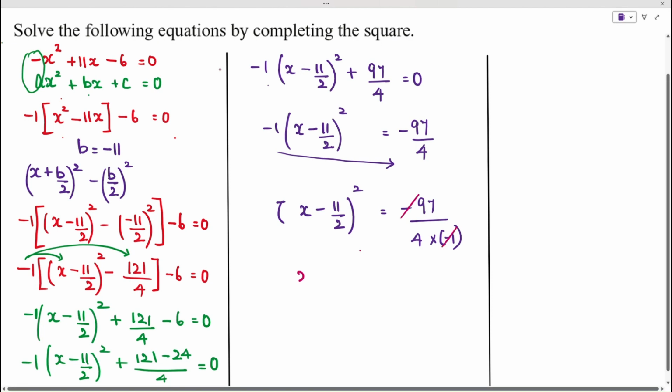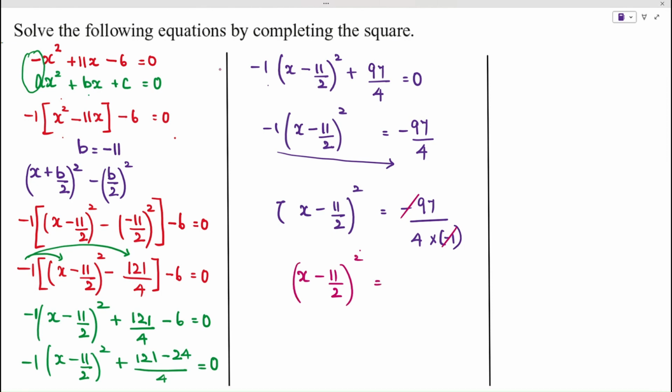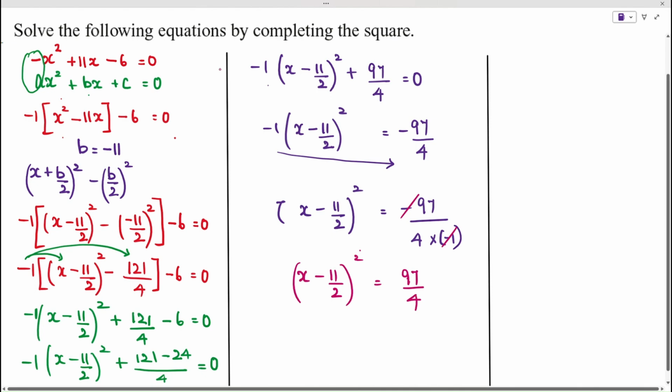And this leaves us with x minus 11 over 2 the whole squared which is equal to 97 over 4. And so this fraction is now positive. Now we can square root both sides.